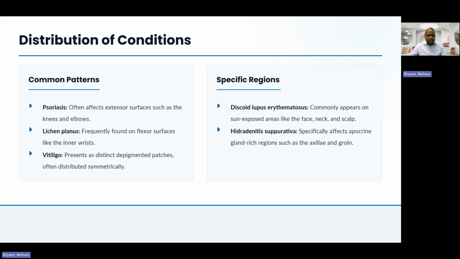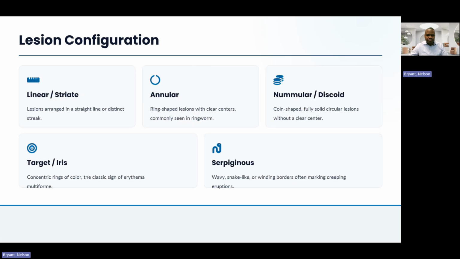Discoid lupus often appears on sun-exposed areas. So this distribution is very important to direct you to the right diagnosis.